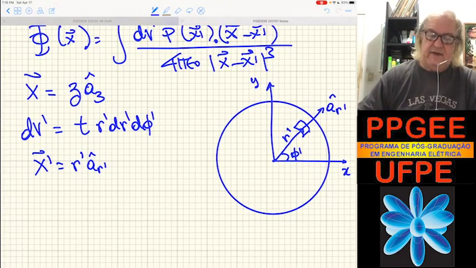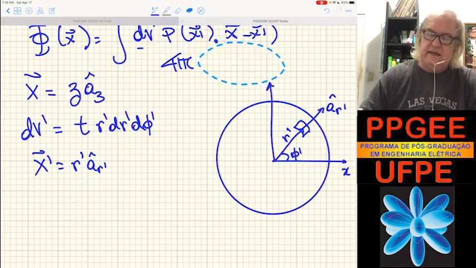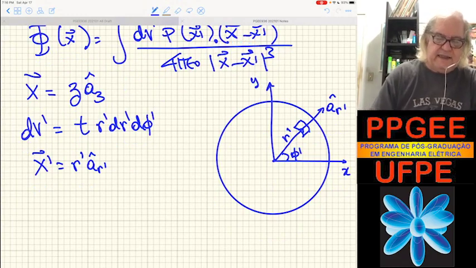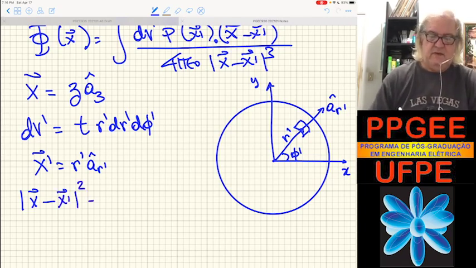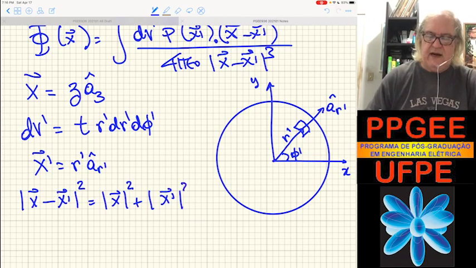So you see that, I mean, you can do some external calculation here. This thing here, which is x, I'm going to calculate |x minus x prime| squared, which is the magnitude of x squared plus the magnitude of x prime squared minus 2 times x dot x prime, right?